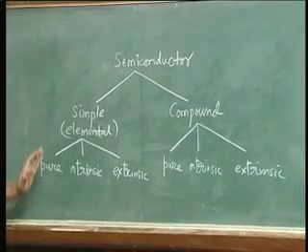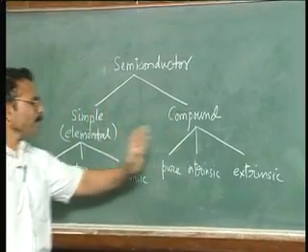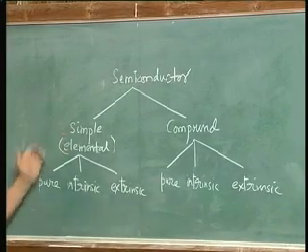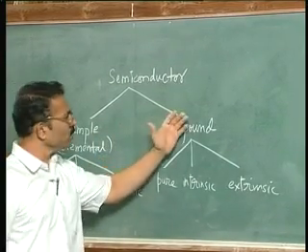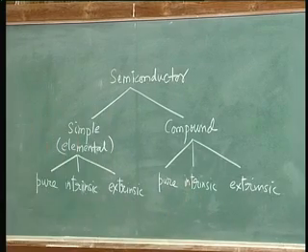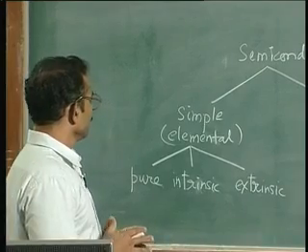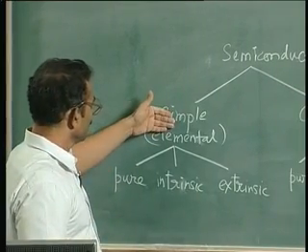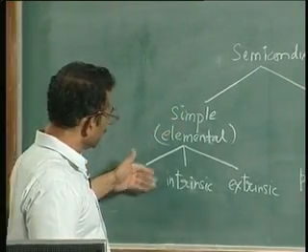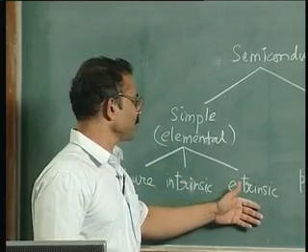So, a semiconductor is either simple or compound, and a simple semiconductor can have any of these three types, and a compound semiconductor can also have any of these three types. So, your question of whether silicon is a pure or intrinsic semiconductor does not make sense. That is, silicon can be either pure or intrinsic or extrinsic.